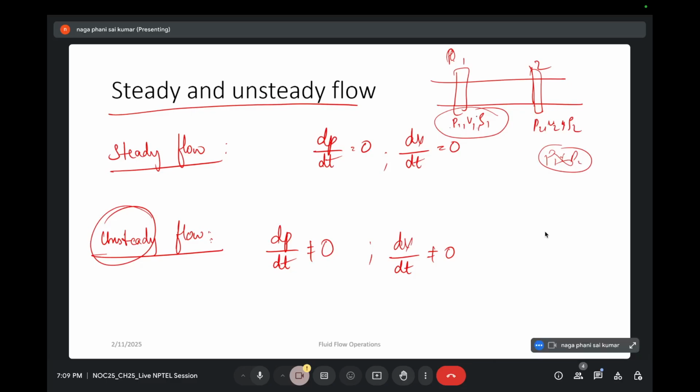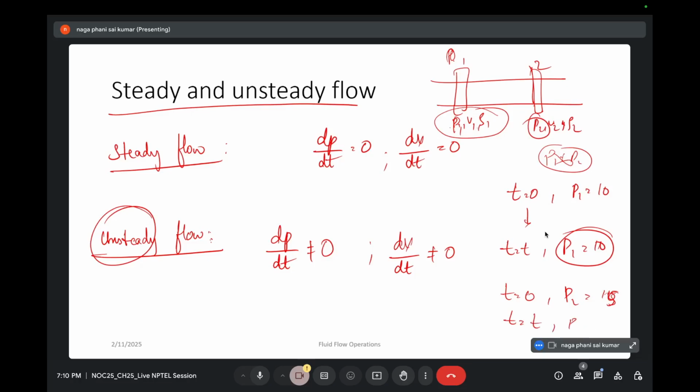But the thing is, P1 should always be the same. Let's say at t equal to 0 seconds, P1 is 10. After t seconds, P1 should remain 10. It should not be changing. Similarly, P2 was, let's say, 15 at t equal to 0, and at t seconds P2 became 20.